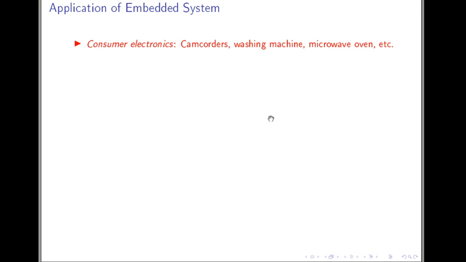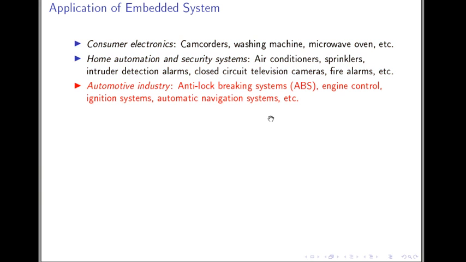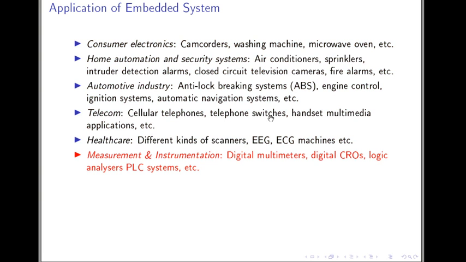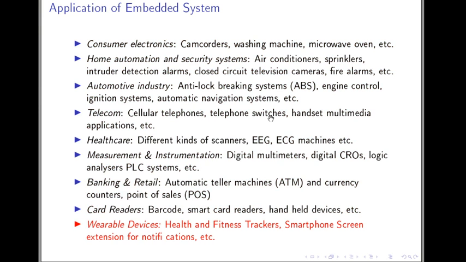These are a few important applications of embedded systems: consumer electronics like microwaves, home automation and security systems, automotive, industry, telecom, healthcare, measurement and instrumentation, banking and retail, card readers, wearable devices.